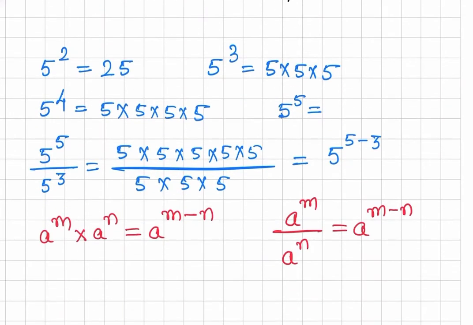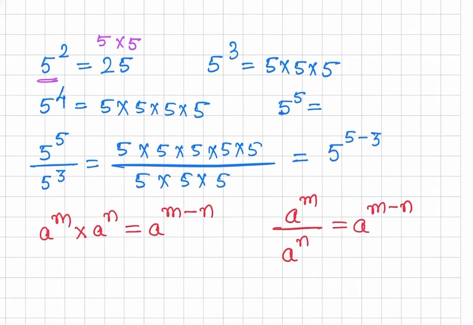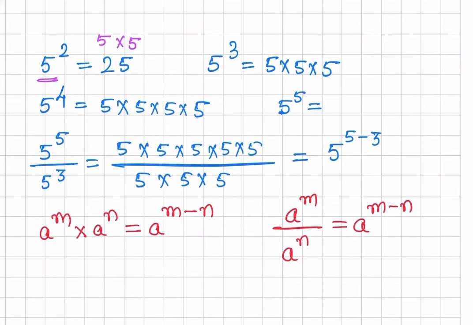Let's take any special case, that's just 5. Everybody knows that 5 squared is 25. You are just writing 5 two times and multiplying these two numbers. What is 5 raised to 3? It's 5 into 5 into 5. That is pretty simple.